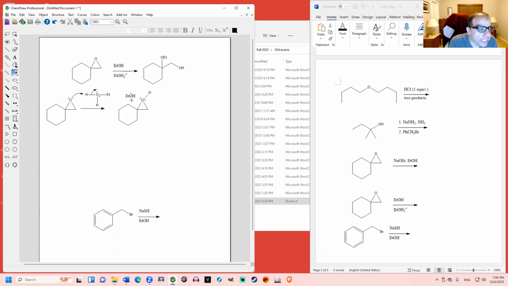And now the alcohol will attack in the more hindered position, because there's more of a buildup of plus charge there. I'm helping the oxygen to bear the plus charge.